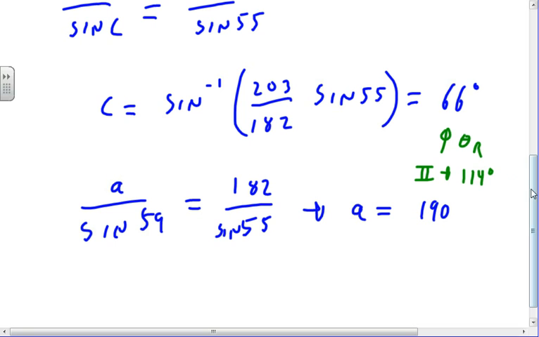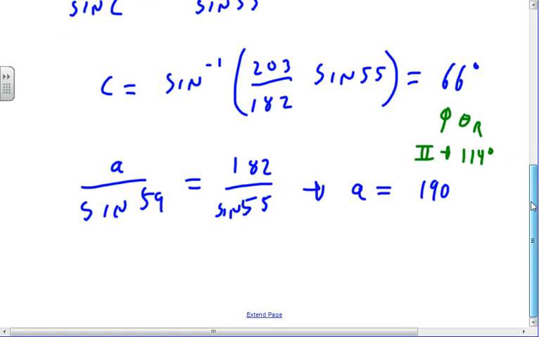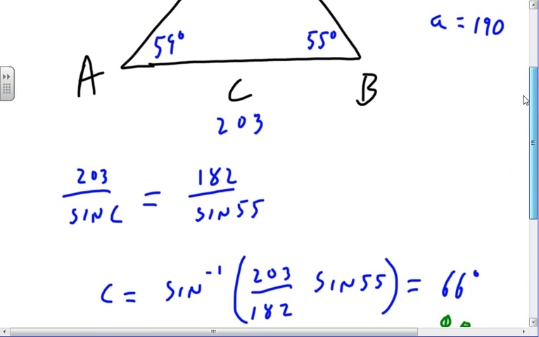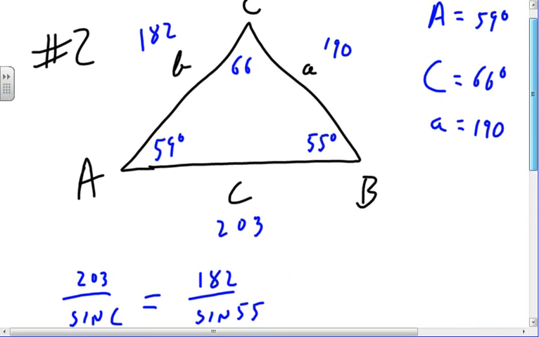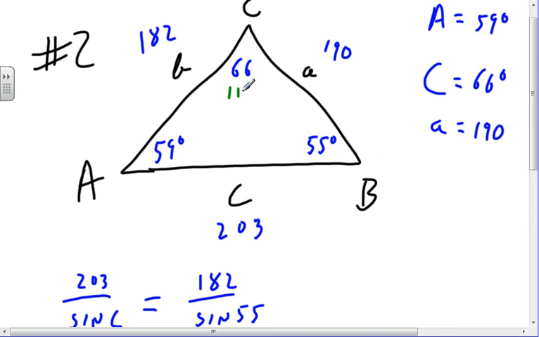So C could be 114. Okay, now if C were 114, what would A be? 180 minus 114 minus 55. It would be 11 degrees.